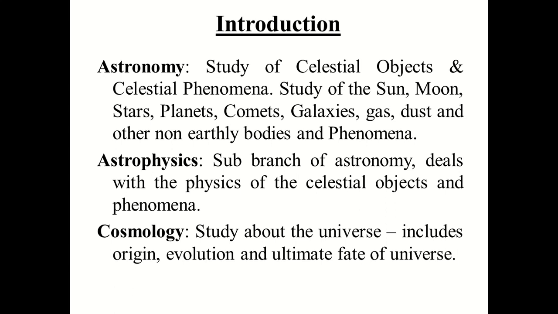For example, when we calculate the period of motion of planets or the period of occurrence of comets, or calculate the distances to different stars, or study the different phenomena occurring inside the sun, these come under astrophysics, because we study those things with the help of physical theories and formulas.